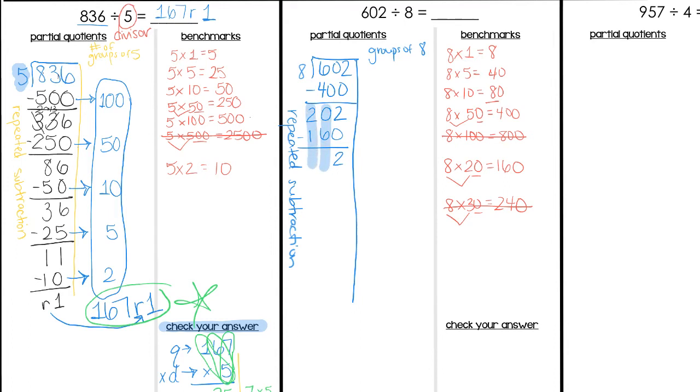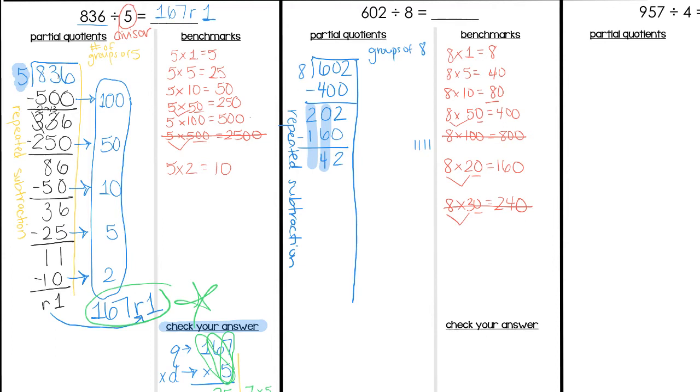So now I have 20 minus 16. So I'm going to count up from 16. 16, 17, 18, 19, 20. There's only 4 difference between 16 and 20. So 20 minus 16 is 4.